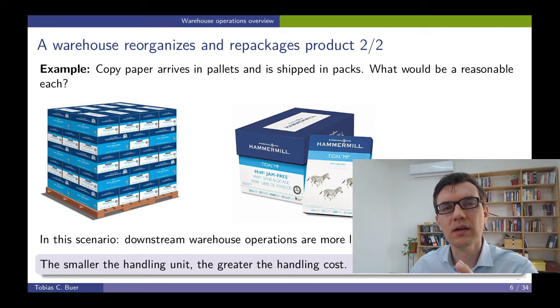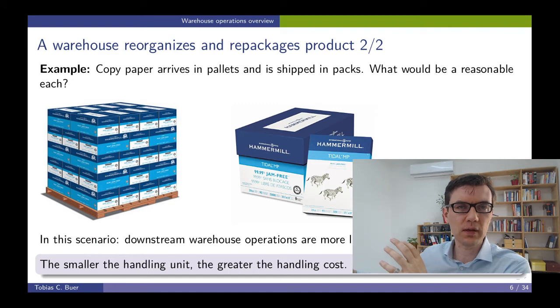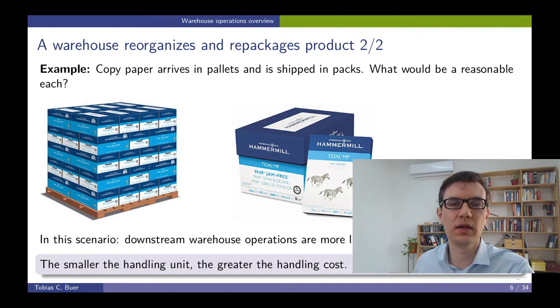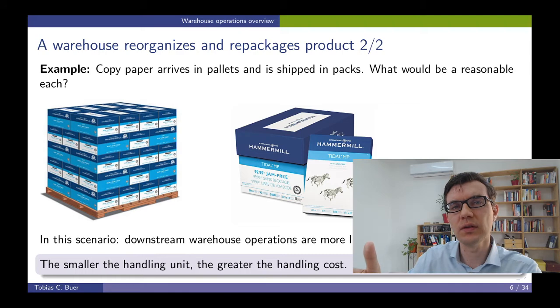What you need to be aware of is that breaking these large chunks of products down into smaller ones usually creates additional work in handling these smaller units. The more downstream we go in most warehouses, the closer we are to the final customer, the more work is created by handling these units.